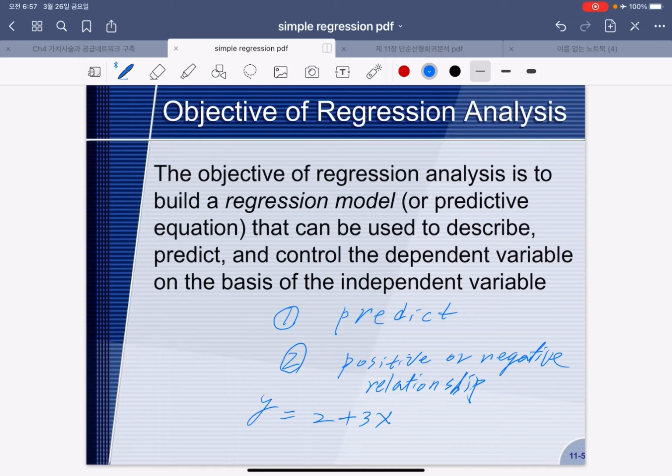Predicting means that if you plug some number here for x, and you can find the y values, right? Now the second purpose is to find whether the relationship is positive or negative, right? In this case, you look at the coefficients here, right? Since we have a plus 3 here, so you can say that there is a positive relationship between x and y, right? So these are the two purposes for using regression.